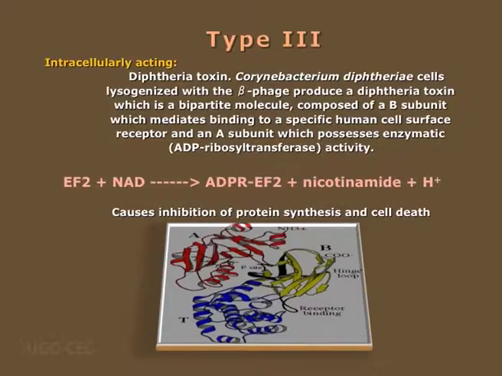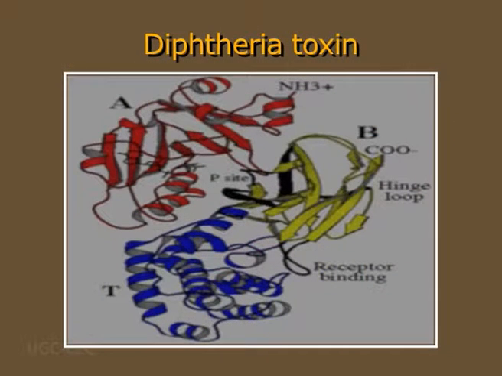The third type of exotoxins, according to our classification, are the intracellular acting exotoxins. One of the most important of them is the diphtheria toxin. Diphtheria toxin is produced by the microorganism Corynebacterium diphtheriae. And as the name tells, it causes diphtheria, where cells get lysogenized with some strains of this bacteria, and these molecules have different subunits.